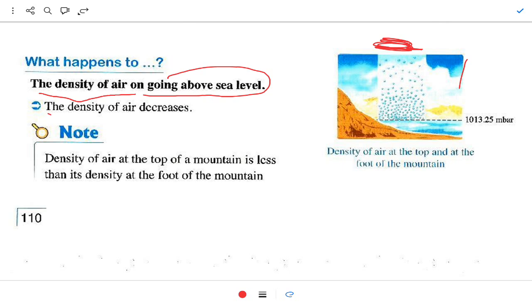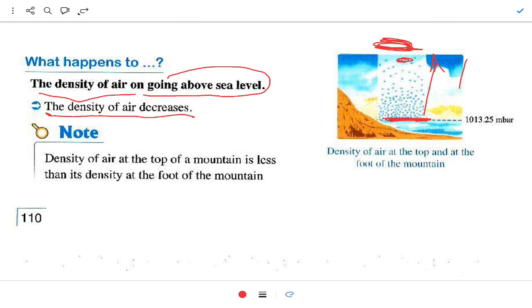The density of air decreases when we move from here to here. The high density is here, and the low density is here. And I will tell you something. The hot air has a low density, and the cold air has a high density.